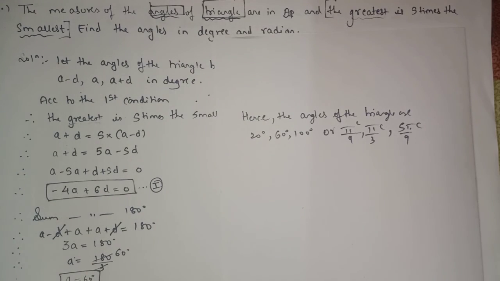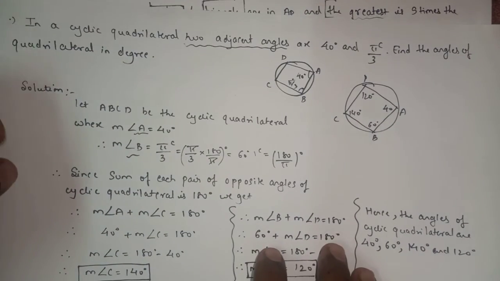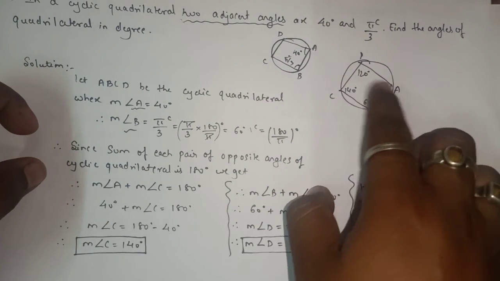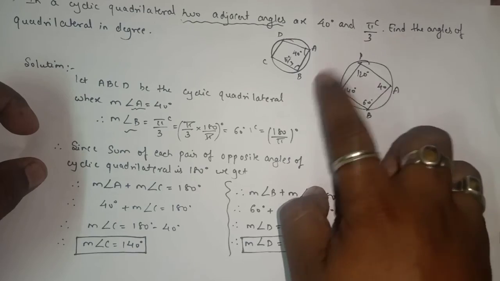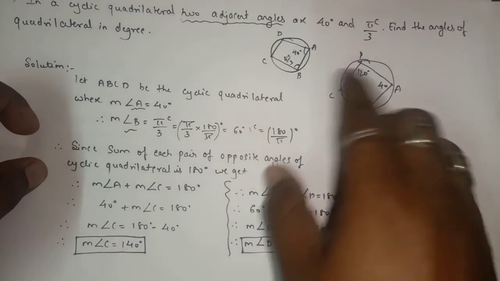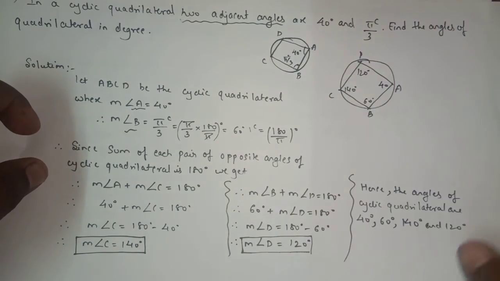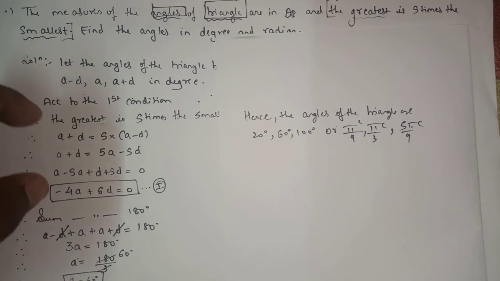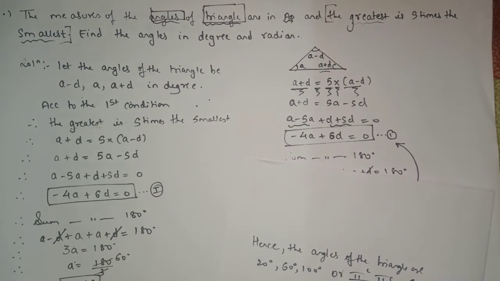We took one example based on the cyclic quadrilateral. For this, what was the property? The opposite angles of a cyclic quadrilateral add up to 180. With the help of this we got the angles of the cyclic quadrilateral, and this other sum was based on the angles of a triangle in AP.